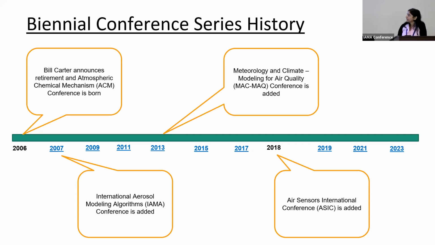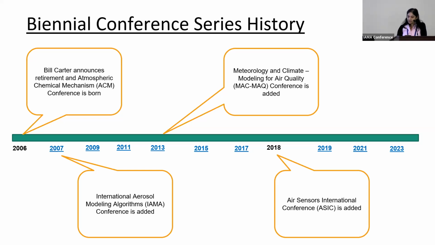After the success of ACM in 2006, it was decided to add a second conference specifically focused on aerosol mechanisms and modeling, and IAMA was born a year later in 2007.